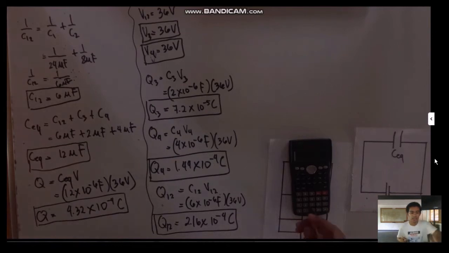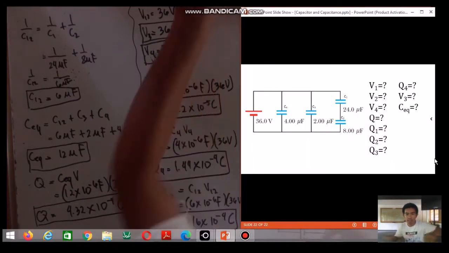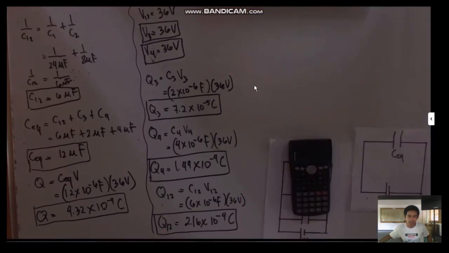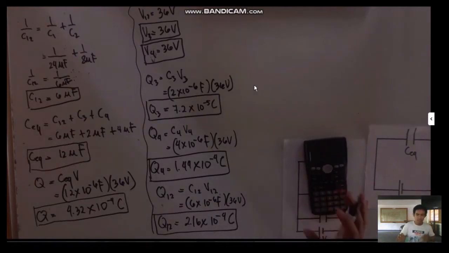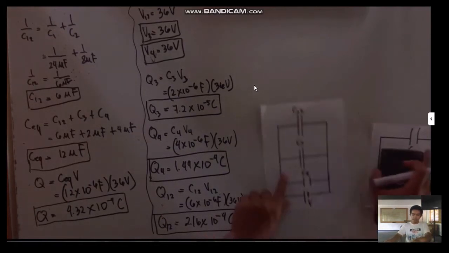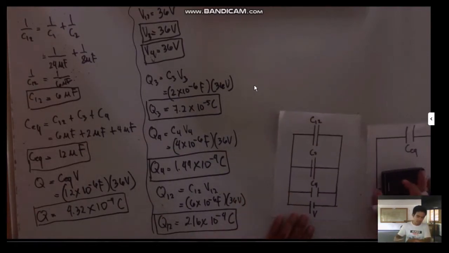Now, let's go back. Since C1 and C2 are connected in series, what is equal in 1 and 2? They must have equal charge, since they are connected in series. But the total charge of 1 and 2 is 2.16. So the total charge must be equal to the charge of C1 and to the charge of C2.